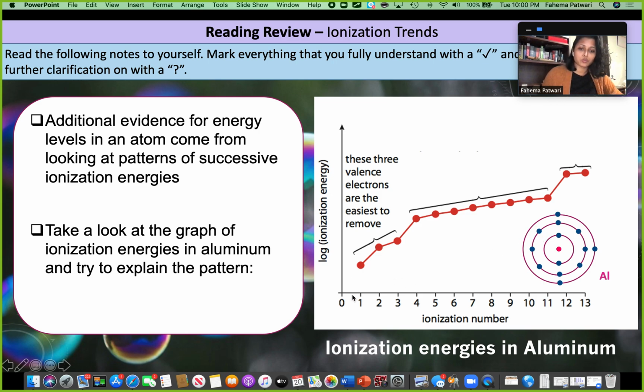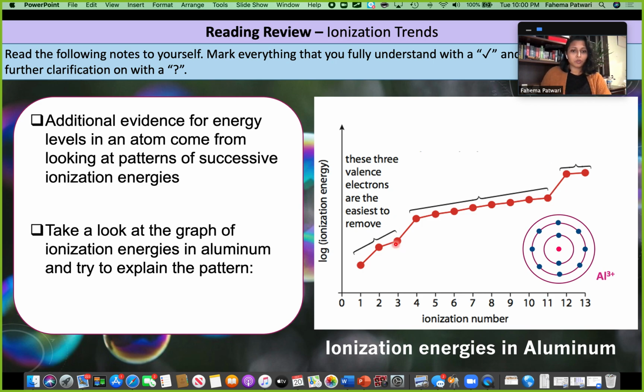But each one requires a little bit more energy than the last. If you remove the first electron, right, you've taken your neutral aluminum and turned it into a positively charged aluminum ion. Now this positively charged ion holds its electrons more strongly, requiring slightly more energy to remove that electron. And the third one takes slightly more energy to remove.